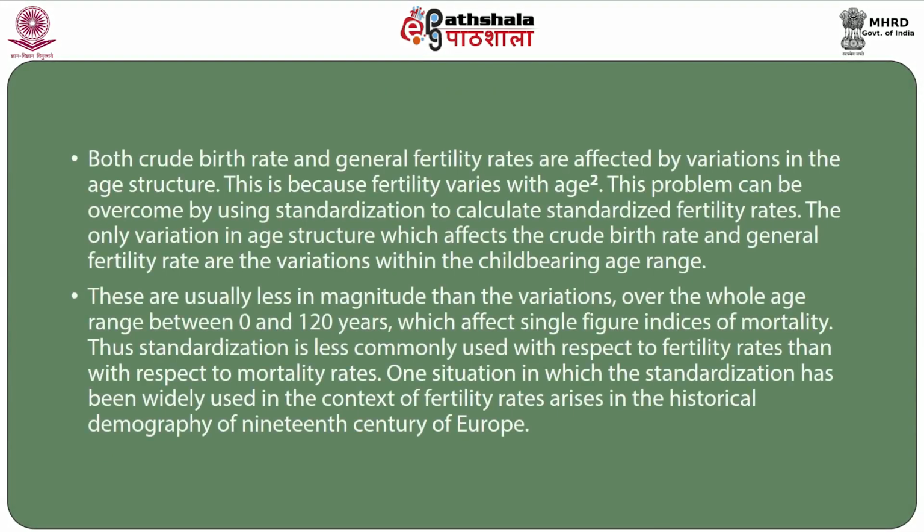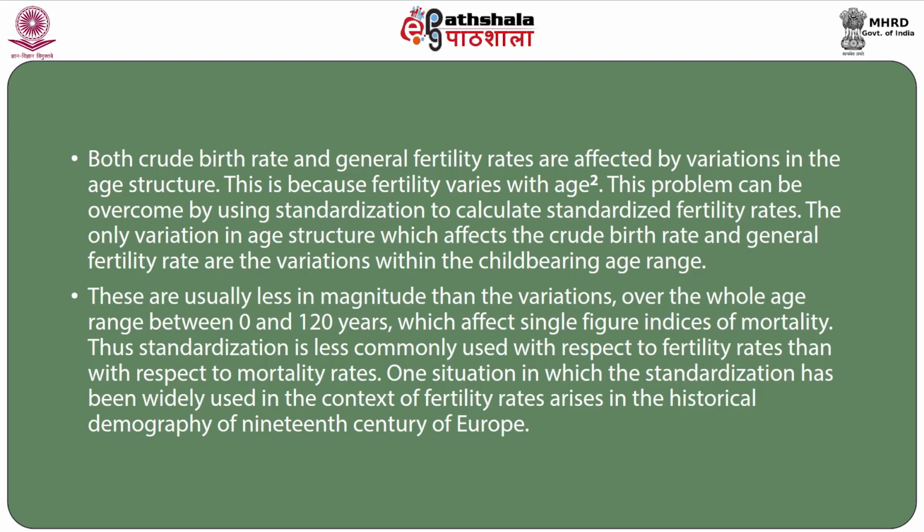Both crude birth rates and general fertility rates are affected by variations, usually in the age structure. This is because fertility levels vary to a great extent with respect to age. This problem can be overcome by using standardization to calculate standardized fertility rates.